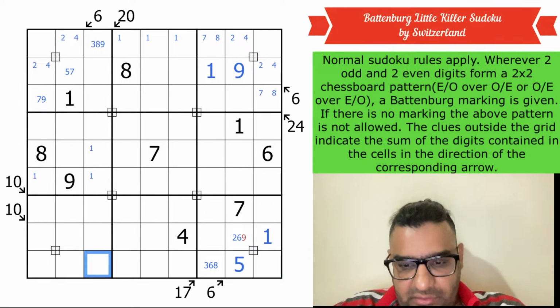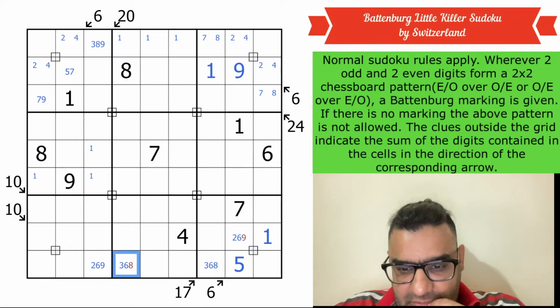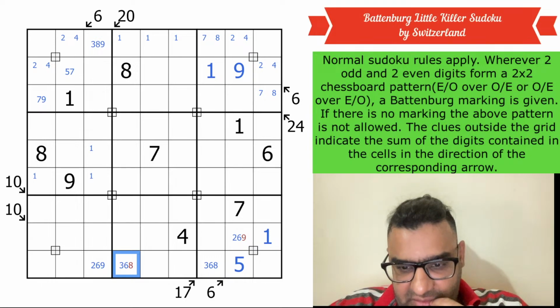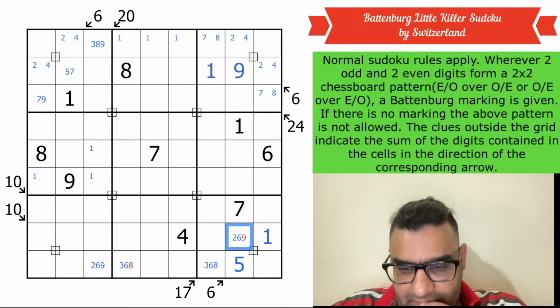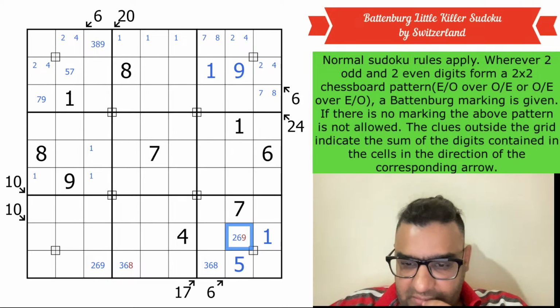I want to write here 269 and 368. I cannot write any other way. So we already know 7 and 8 could be anywhere here. So if I put an 8 here, yes, I can put an 8 here. Then can I put 6 and 3? I can put 6 here and 3 here.